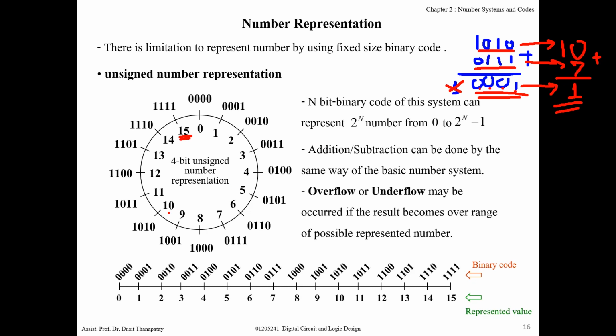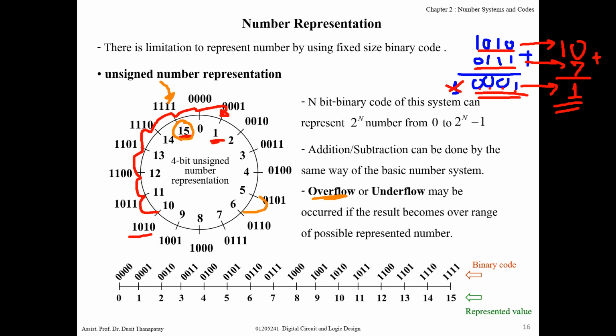That means now it is 1010, or 10, and then you add 7: 1, 2, 3, 4, 5, 6, 7. The result is 0001, or 1 in decimal. So it is greater than the maximum number that can be represented by 4 bits. It is called overflow.